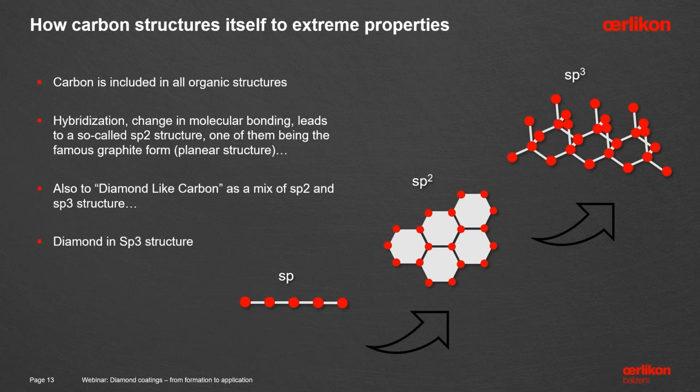For the diamond structure that we want to create using a chemical process of CVD, therefore CVD diamond, here we want to achieve a three-dimensional structure, which is called sp3.